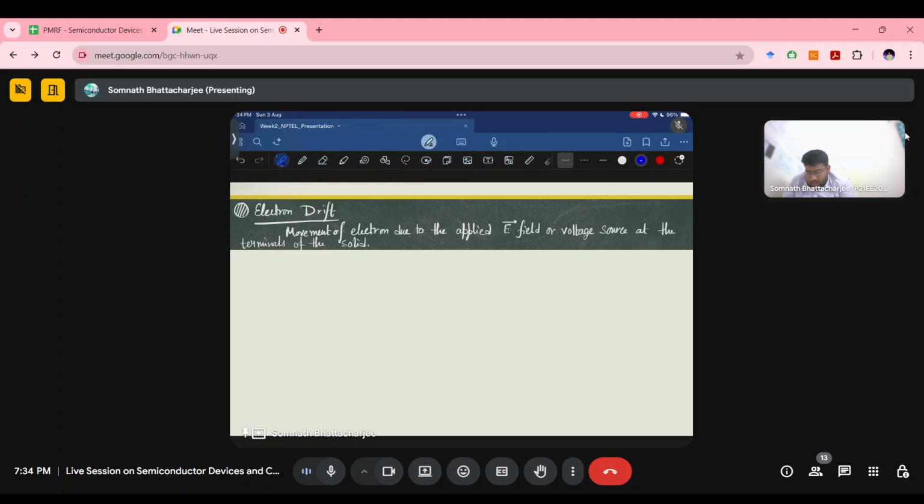We term the electron drift as a basic phenomenon, and based on this electron drift there is a velocity gain, which is called Vd, the drift velocity, and this drift velocity is proportional to the applied electric field.